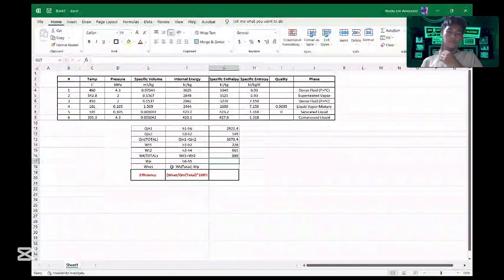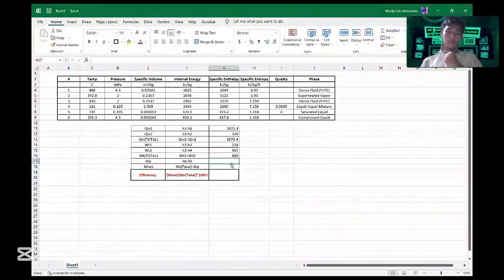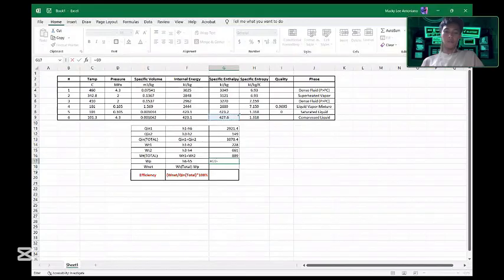The next is the work pump, since the Rankine cycle only has a pump. The formula we're going to use is H6 minus H5. So work pump is 4.4.